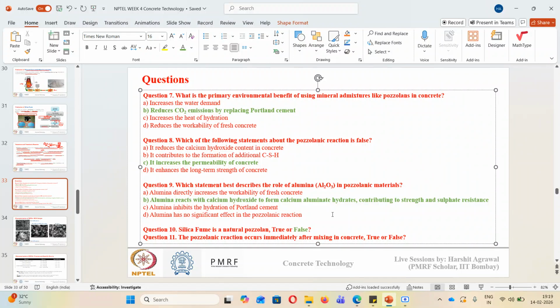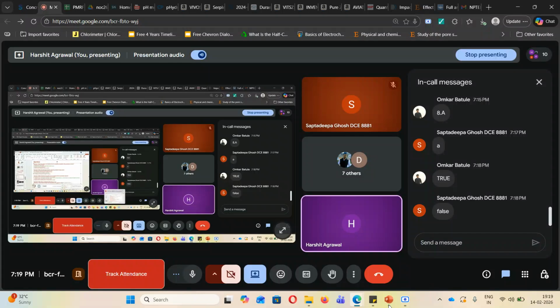Artificial pozzolans like silica fume, fly ash, and blast furnace slag are industrial byproducts that exhibit pozzolanic behavior due to their production, due to rapid cooling, due to grinding. They are imparted pozzolanic properties, and that's why they are artificial pozzolans and not natural pozzolans.